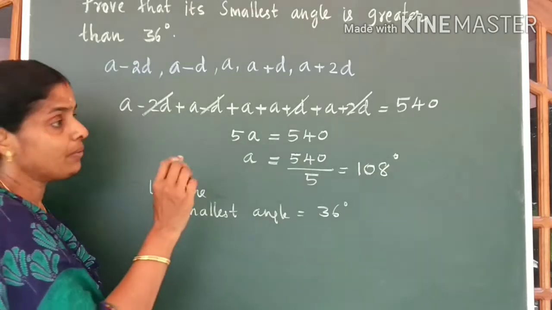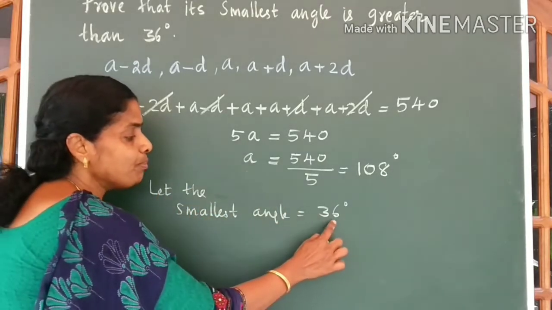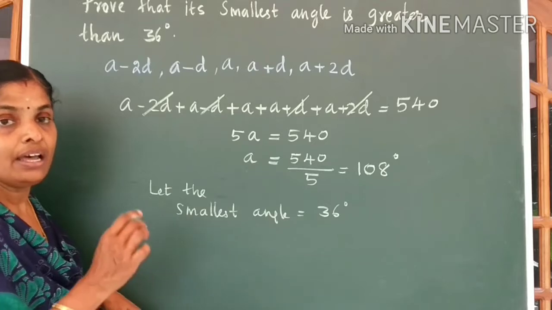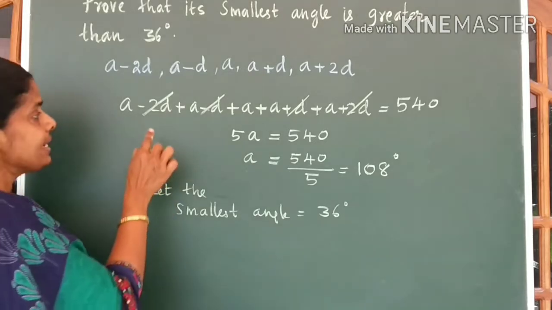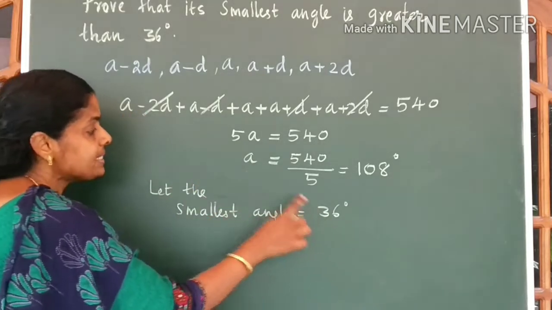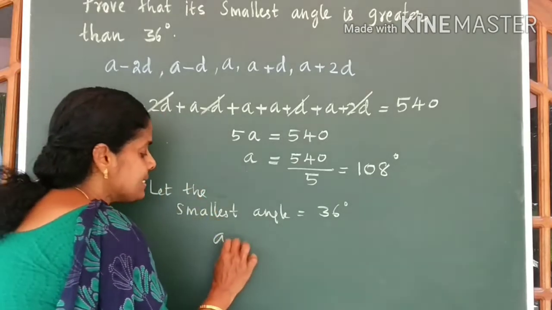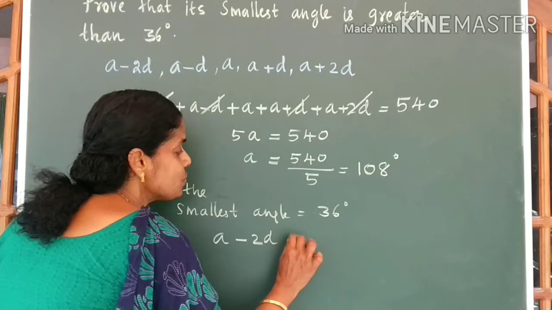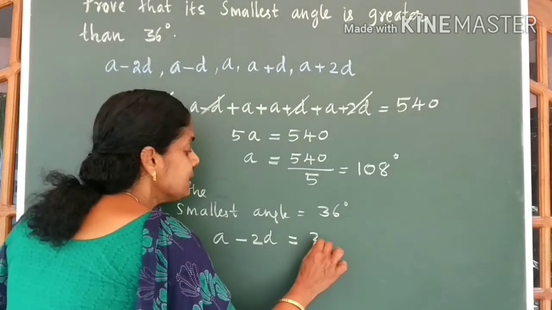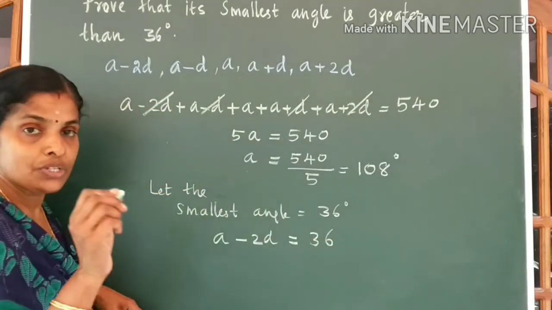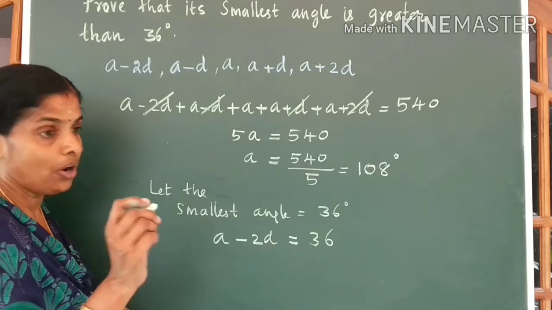So, I took the smallest angle to be equal to 36 degree. Now, what can you write? The smallest angle we have taken as A minus 2D. So, we can say A minus 2D is equal to 36, from which you can get the value of D.